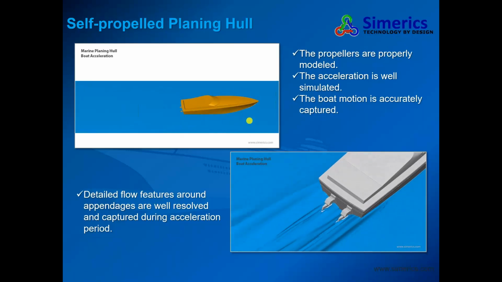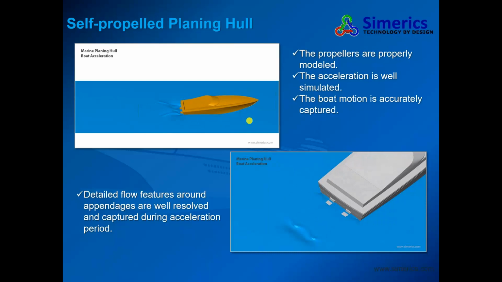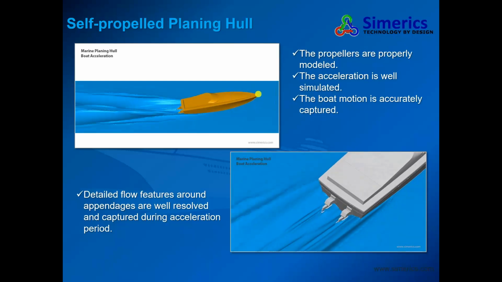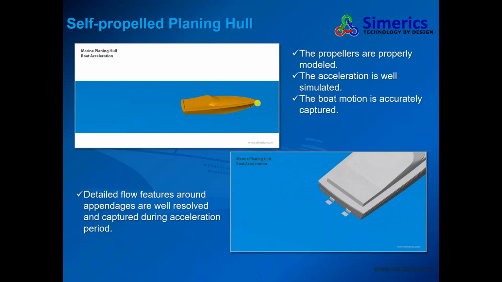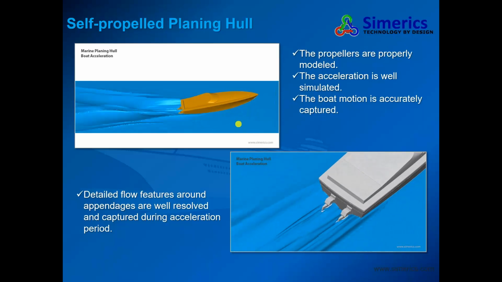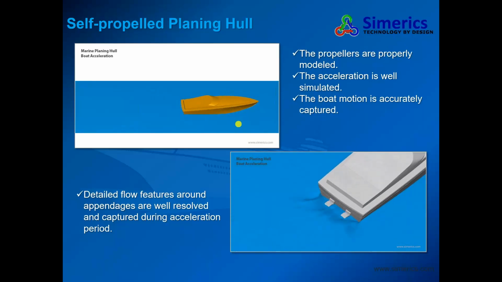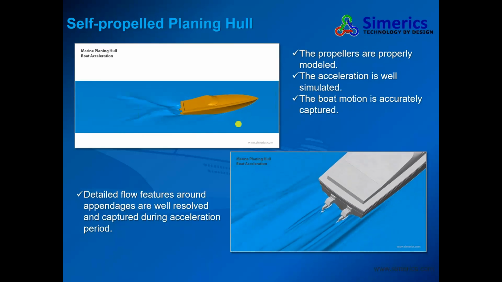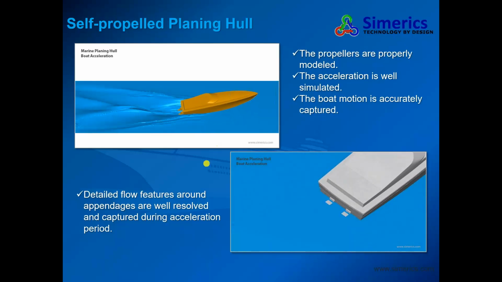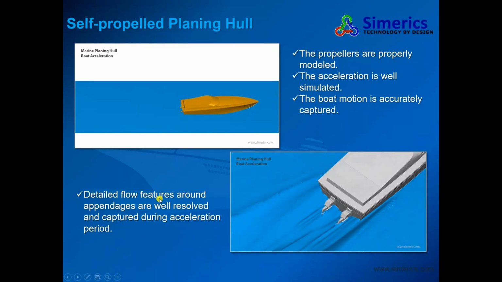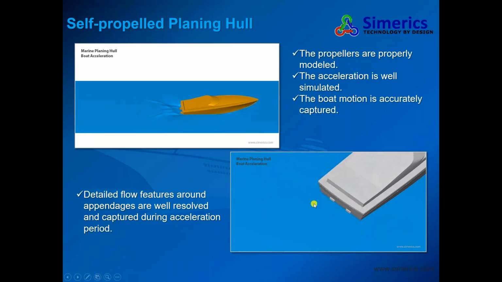He can see how we get to the planing period through a porpoising period, which means really high trim angle, and the boat motion is accurately captured. Moreover, based on their sea trial data, our final velocity prediction is within 1 mile per hour difference, so they are really amazed by that. Also, by doing the CFD, you can see more detailed flow features around the appendages, for example around the outboard engine.